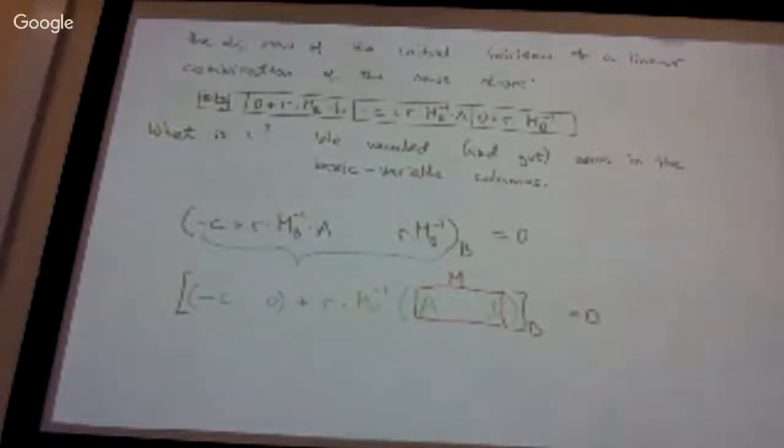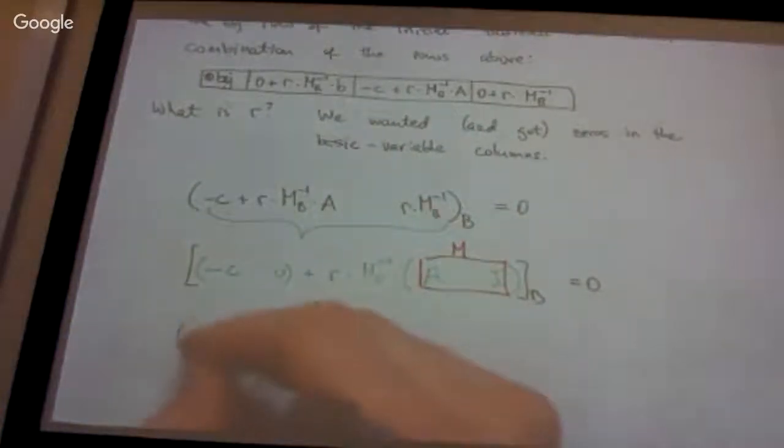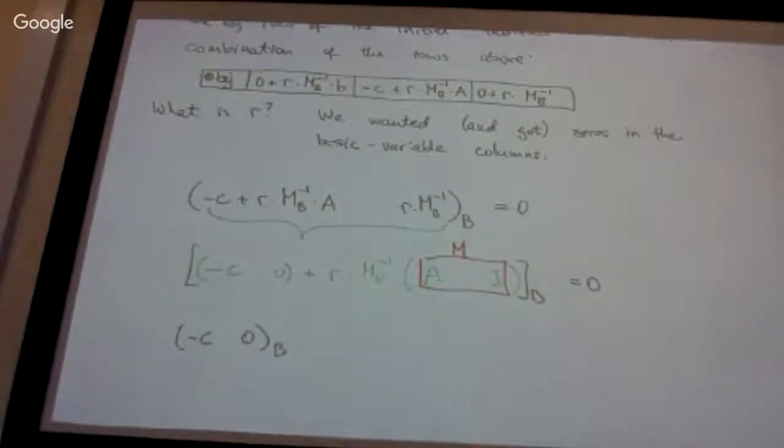Now this here, we call M. So now this tells me minus C0. From this vector, I only select the columns that correspond to the basic variables.